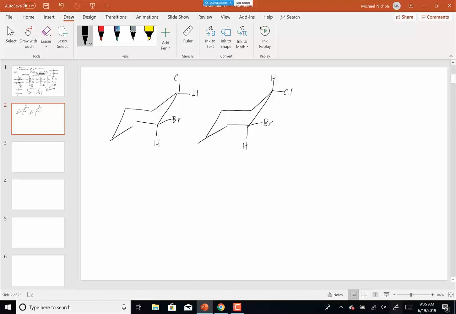I know I moved to cyclohexanes. We'll go back to Fischer projections in a minute. So my question between these two molecules is, are they enantiomers or are they diastereomers? I've got diastereomers on the table. That was fast, wasn't it?